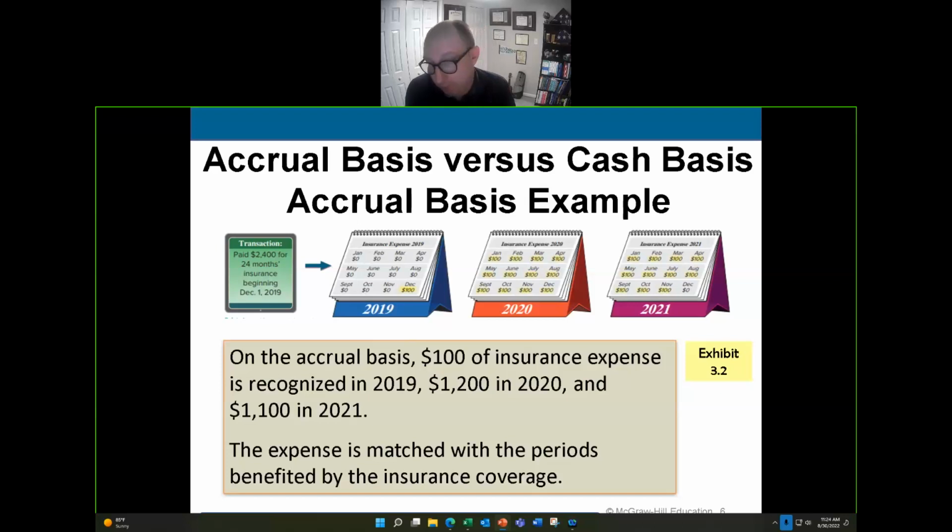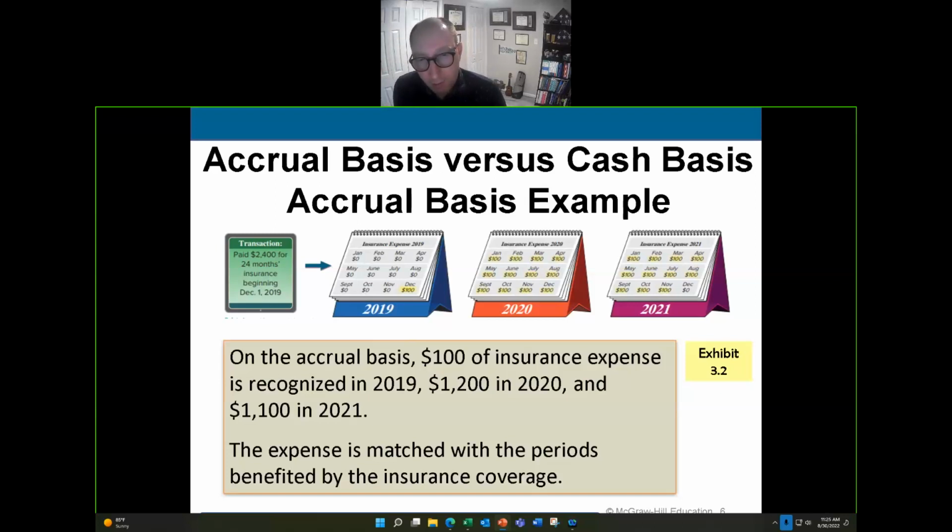Some companies and people pay their insurance in advance. For example, I like to pay my car insurance in one payment, and it covers the whole 12 months. One payment, because I get a discount, right? But one payment covers the whole 12 months.